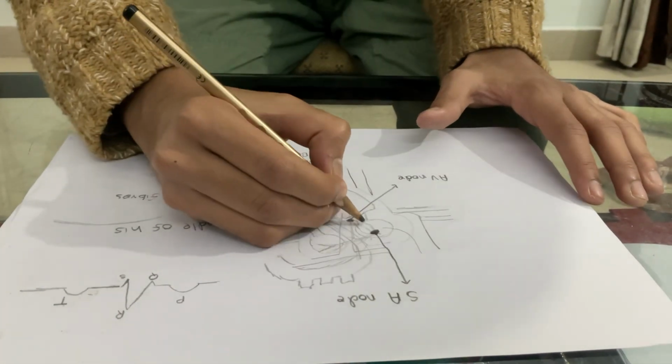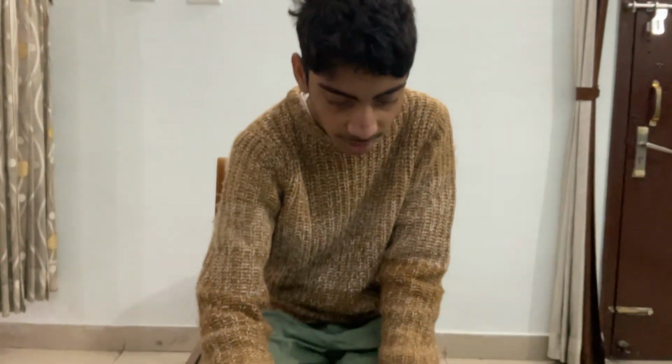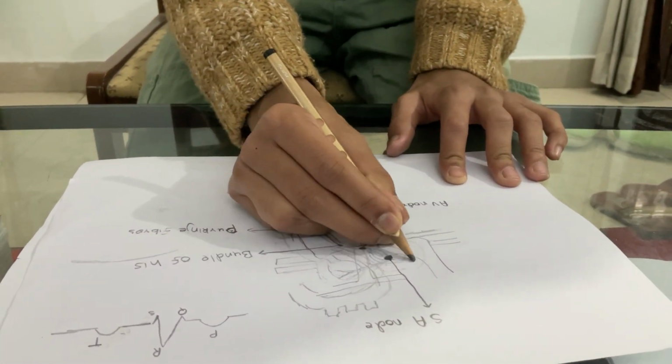So it fires. When it fires, it actually causes the contraction of the heart muscles, basically how I contract my hand. So it causes the contraction. As we can see, this is positioned in the atria.